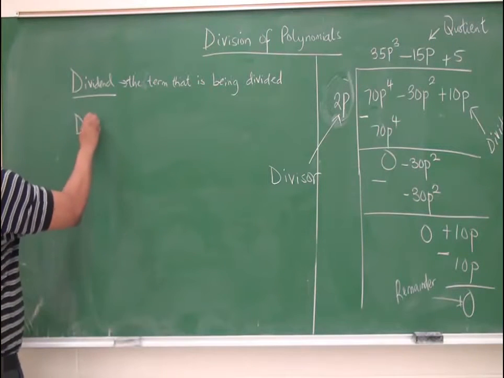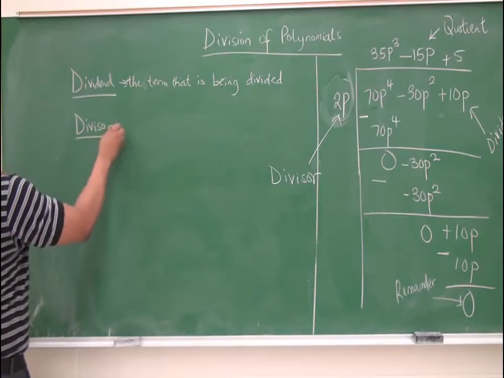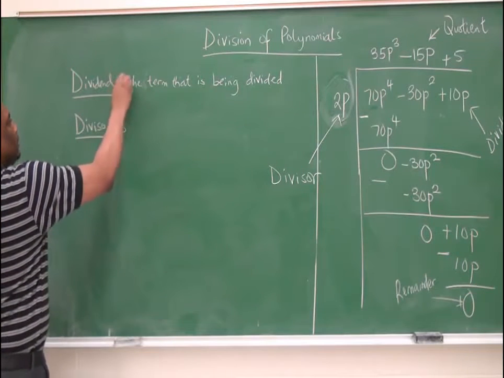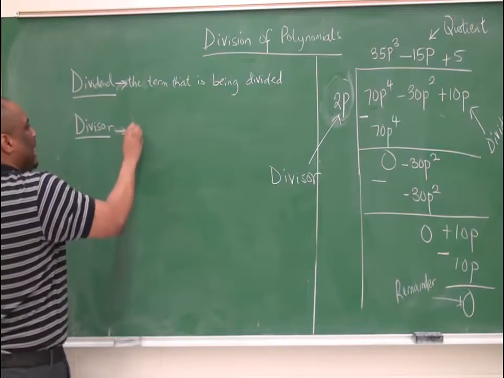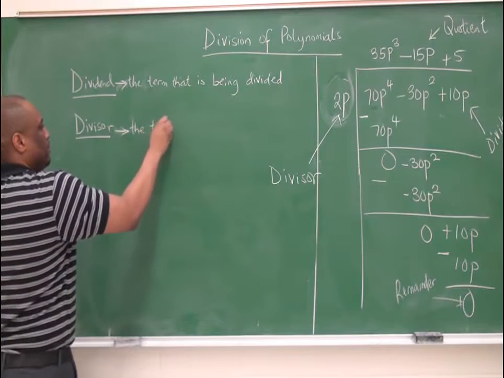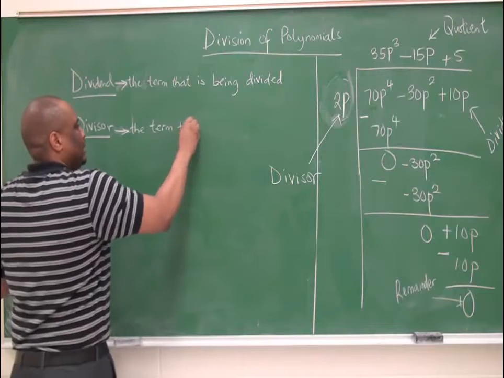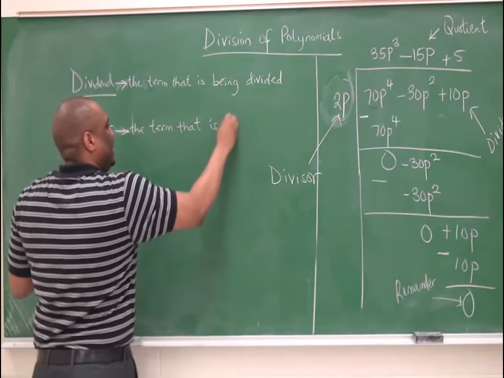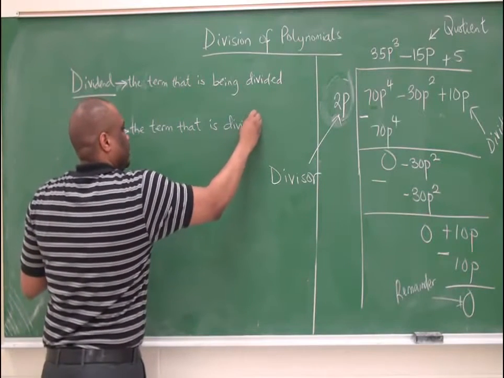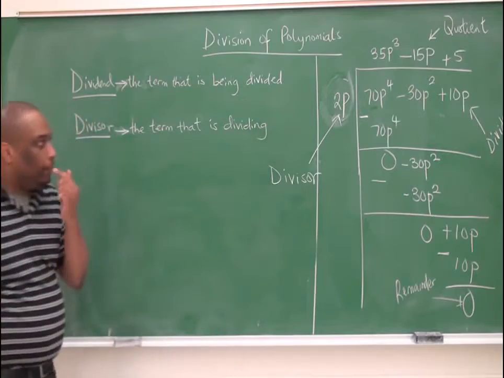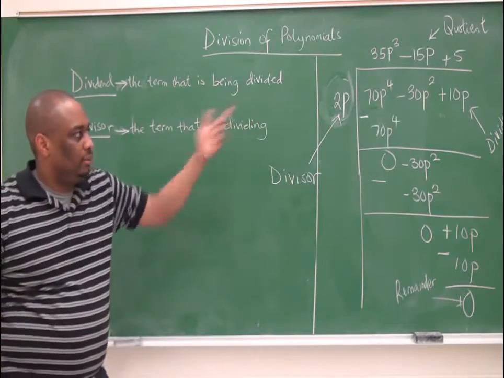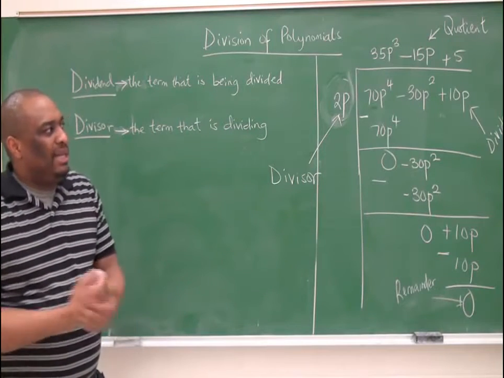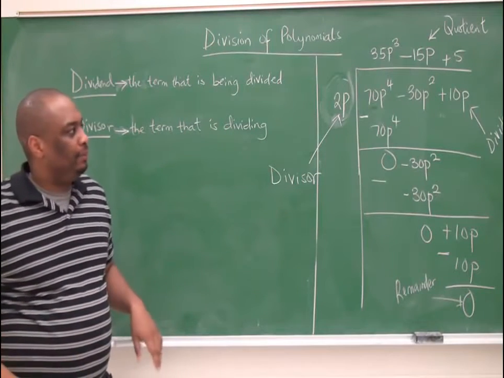Divisor is the term that is dividing. You see, 2p is dividing the 70p4 minus 30p squared plus 10p.